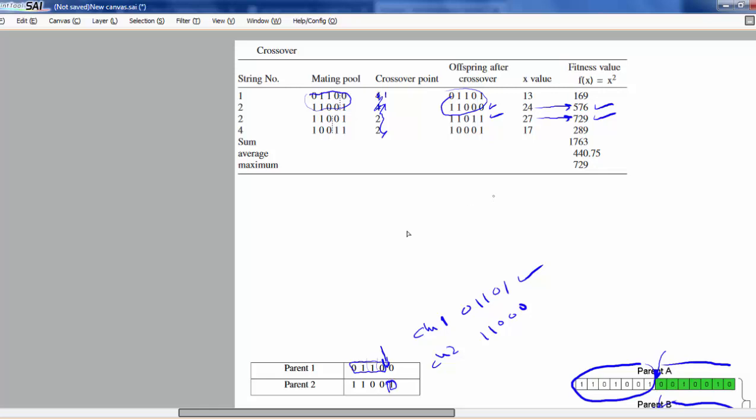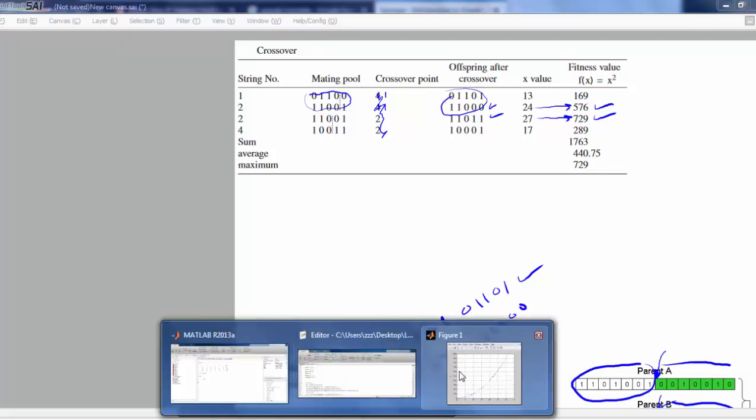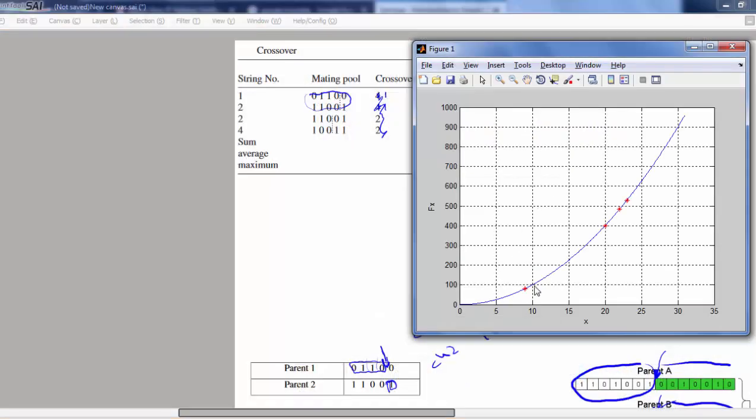I need to illustrate the idea here in a Matlab graph. For example, a poor solution like this one or this one, if you make a mutation on these, it may jump to here and give you a good solution. But it's not guaranteed to go this way. It may go this way. So we make mutations only on poor chromosomes.